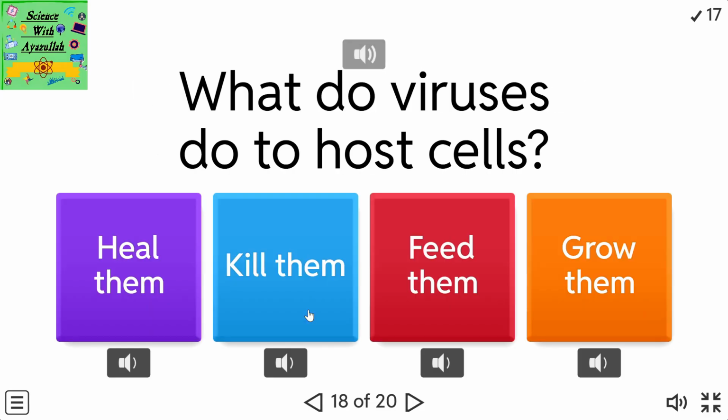What do viruses do to host cells? Heal them. Kill them. Feed them. Grow them.